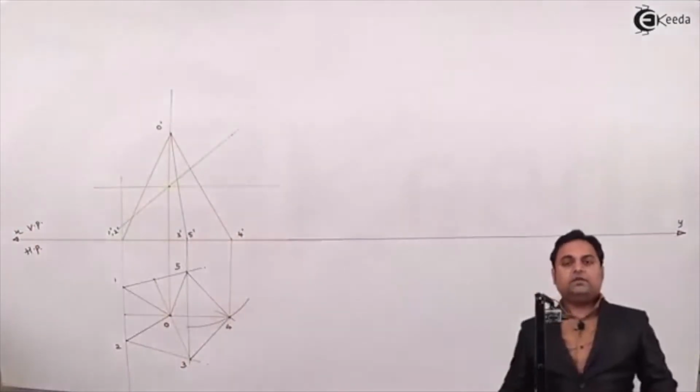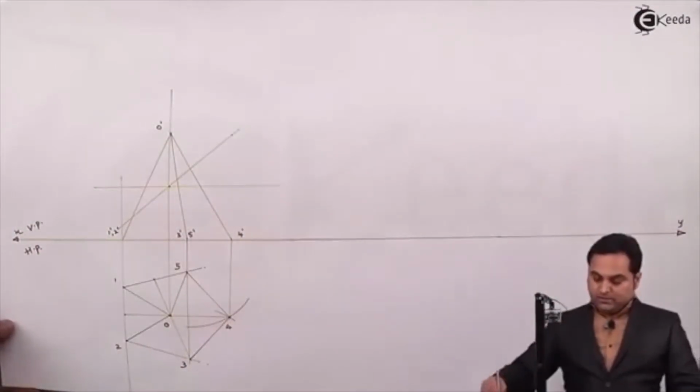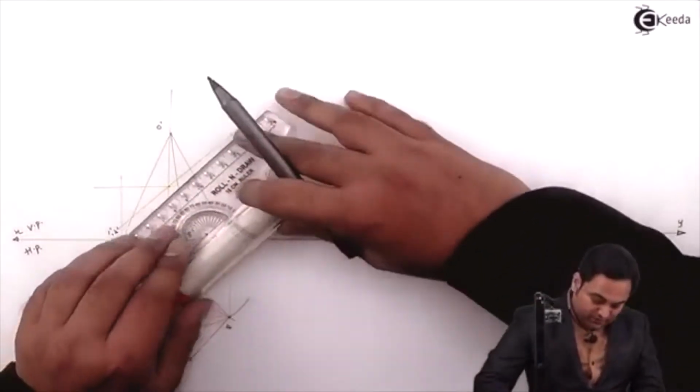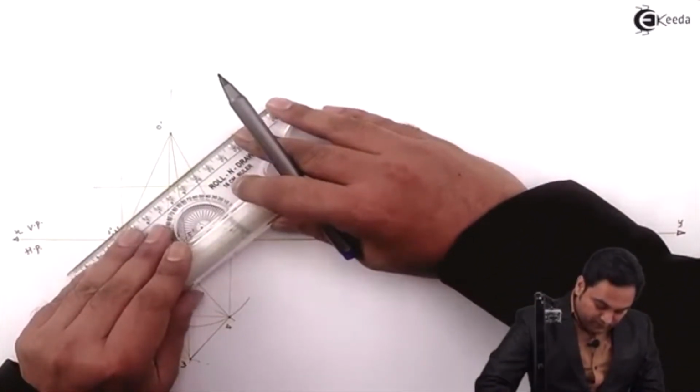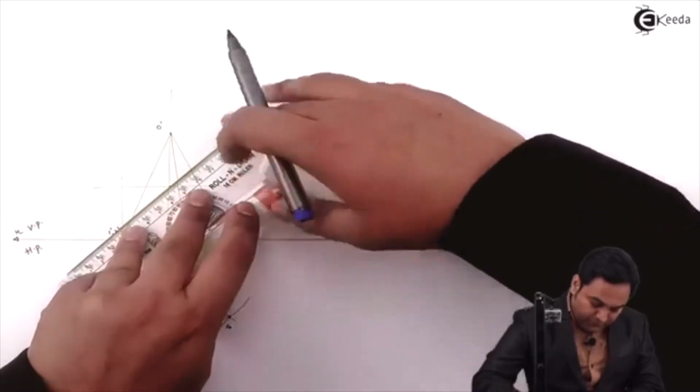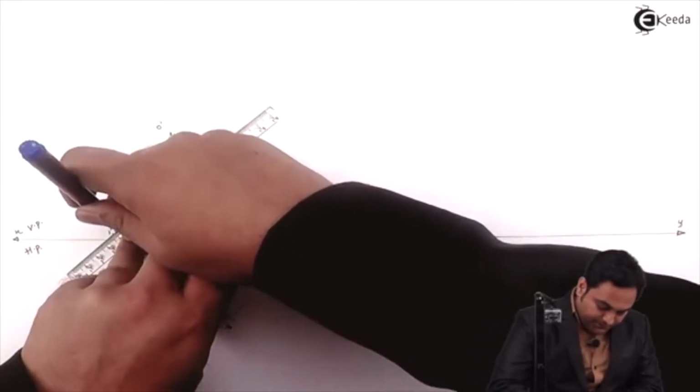This light line represents the cutting plane. So here we have, I'll make it dark, the cutting plane line perpendicular to VP, inclined to HP.